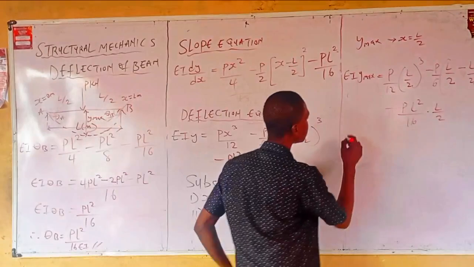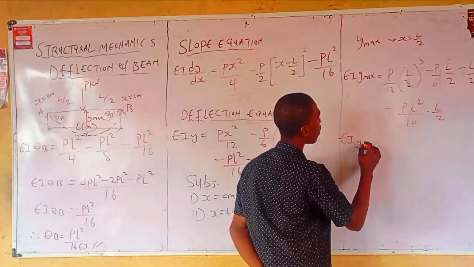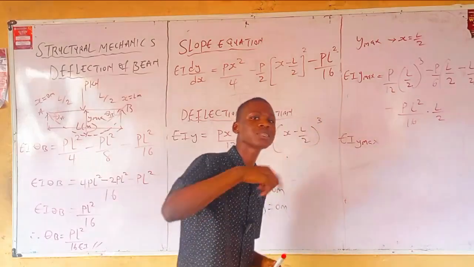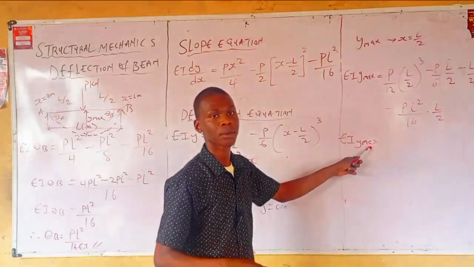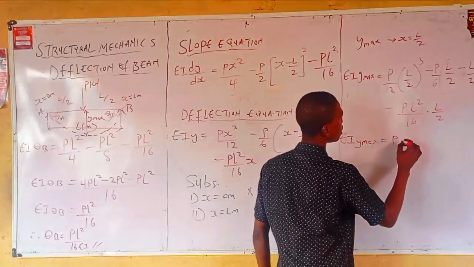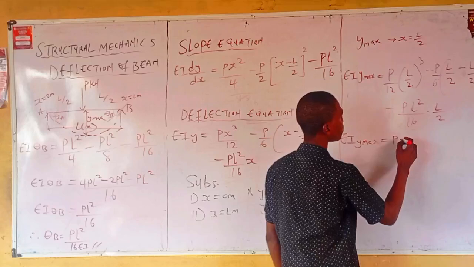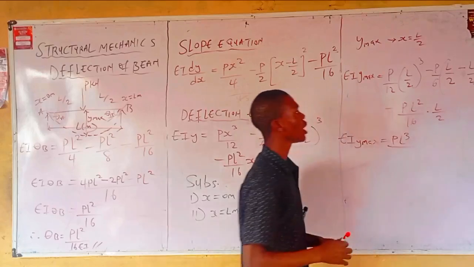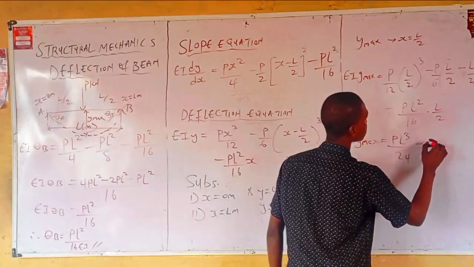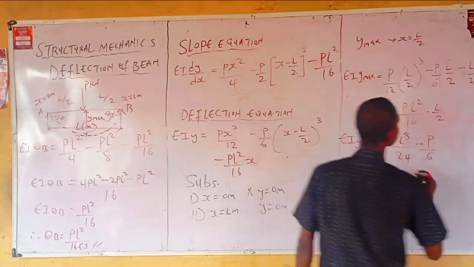Moving on, we have that EI Y max. Why am I using Y max? We said maximum deflection. So Y maximum deflection, Y max, is equal to P, open up your bracket, what do you have? PL cube divided by 12 times 2 is what? 24. Minus P over 6.